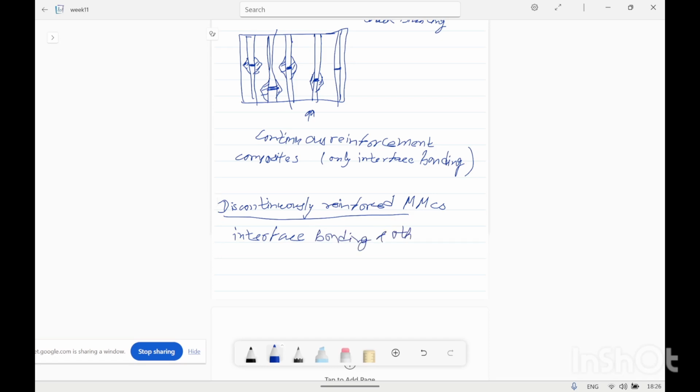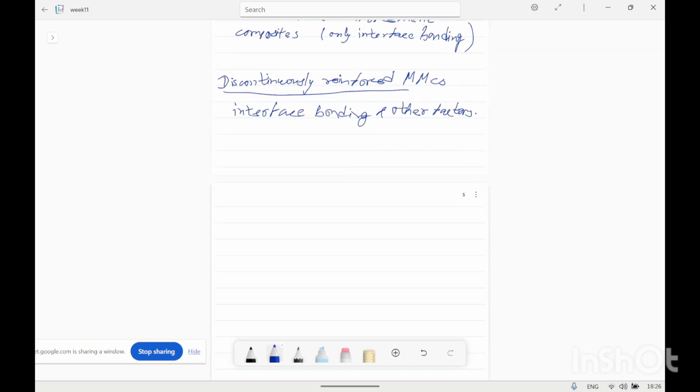To understand the fracture behavior of discontinuously reinforced metal matrix composites, first we have to study the ductile fracture behavior of ductile materials.